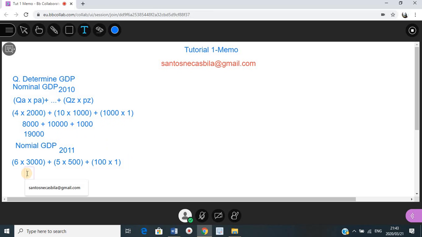Very good. So this is going to be 18,000 plus 2,500 plus 100. So this is going to be equal to 20,600. So this is our nominal GDP for 2011.